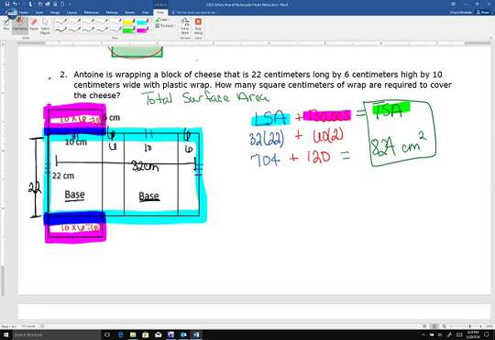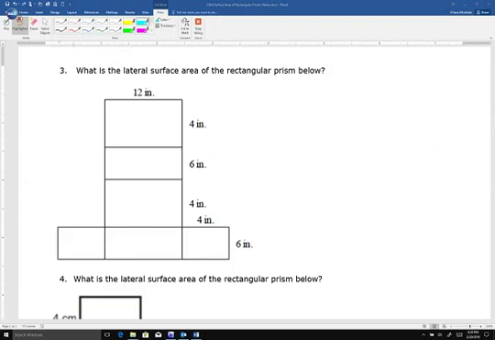Let's take a look at example number 3. Example number 3 says, what is the lateral surface area of the rectangular prism below? So I do recognize that this one is asking for the lateral surface area only. And I know that I told you that typically the bases are going to be labeled, so I'm going to go ahead and label them for you.